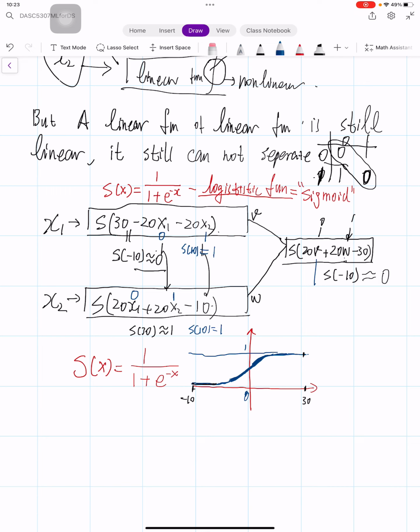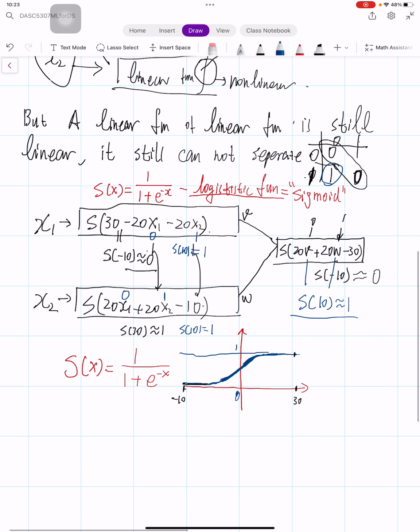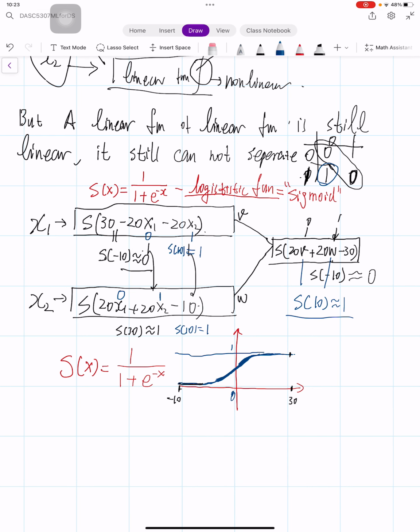In this case we both have 1, and 20 plus 20 minus 30 gives S of 10, which gives a value of 1. This matches our XOR function. You can also verify the other cases.